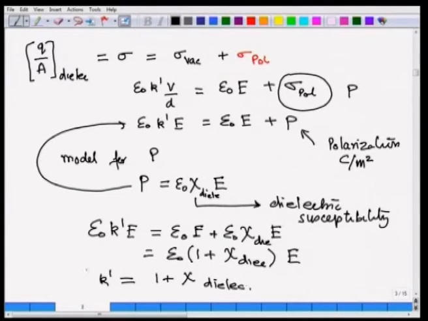So that is what this quantity is, the dielectric constant of a material.